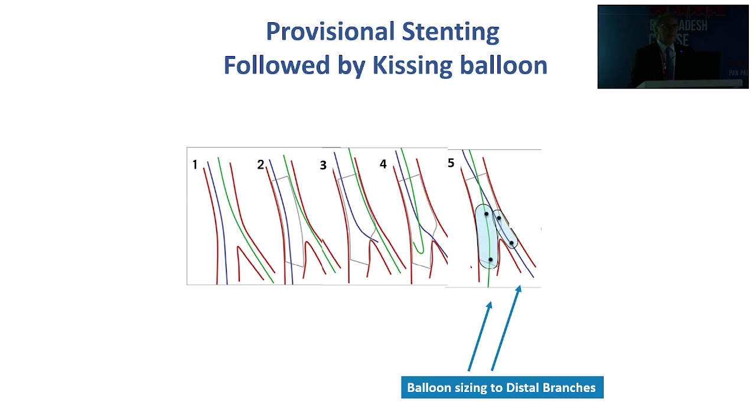And in general, this is not what you're supposed to be doing. It is unnecessary in the vast majority of these provisional stenting cases. In addition to that, if you put a balloon in here, and the rationale is to make this carina better, you are going to create an injury in the side branch, okay?